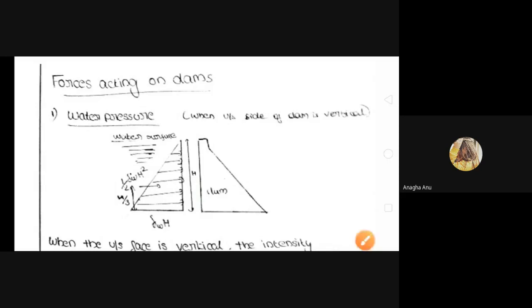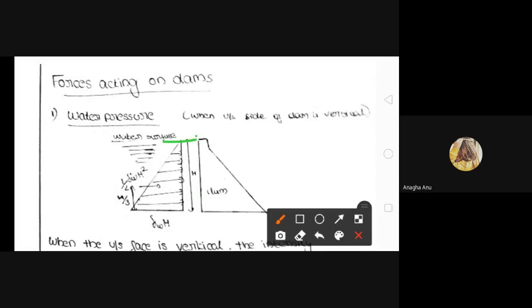itself. The water pressure acting on the top of the dam will be 0.